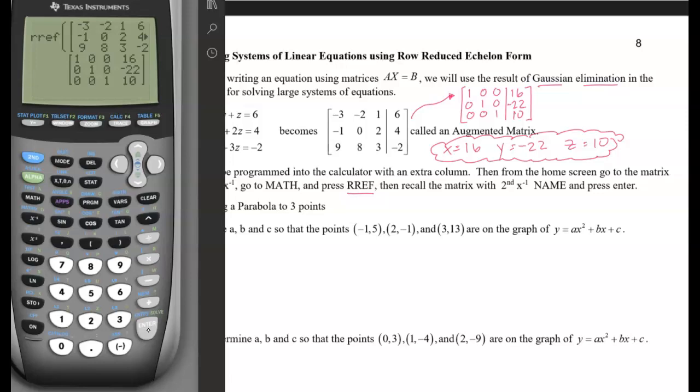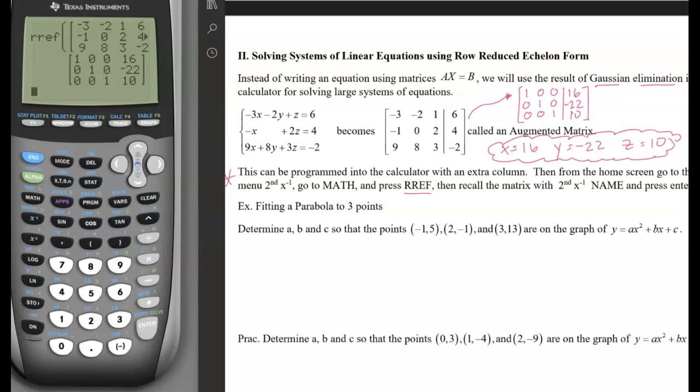It's just a separate way that you can solve for variables within matrices. Any questions on this so far? Okay.